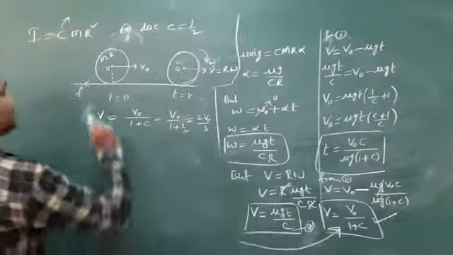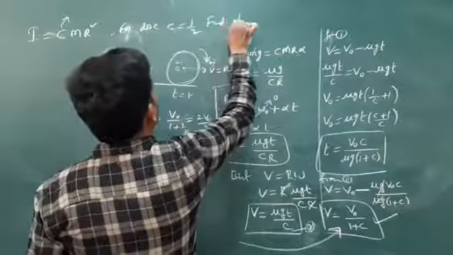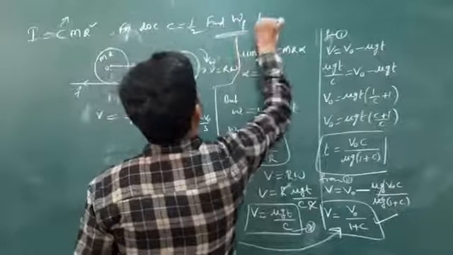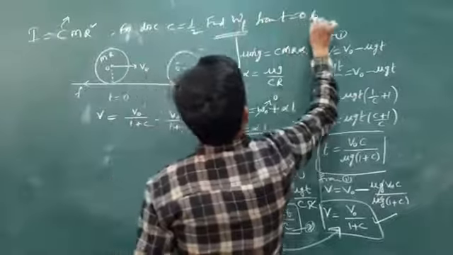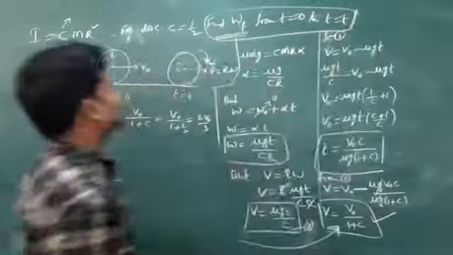But the question is, for a disk, if c is equal to 1 by 2, find one more thing: the work done by the frictional force from time t equal to 0 to time t equal to t. So this is the question.